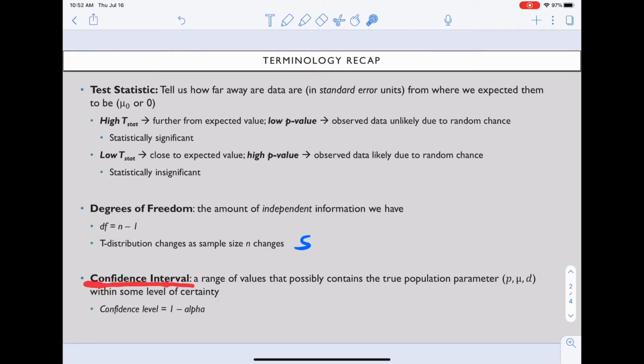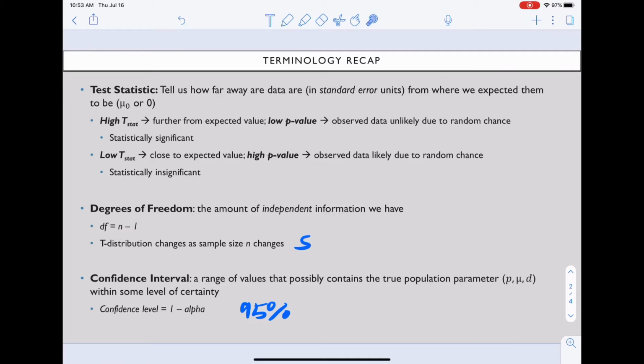We're able to estimate where the actual population parameter may be. And we limit ourselves, though, to some level of certainty, right? So typically we make a 95% confidence interval, just meaning that if we were to do some experiment 100 times, then 95 of those times, the thing that we're measuring will be within this range of values.